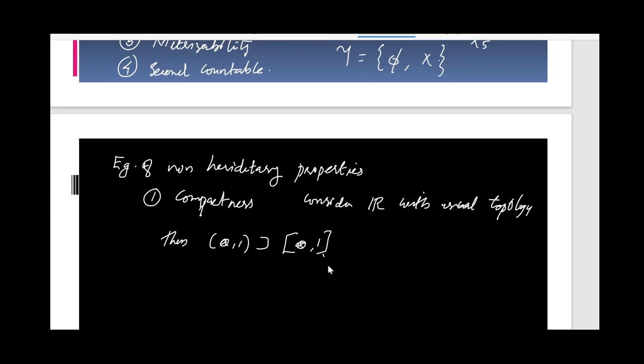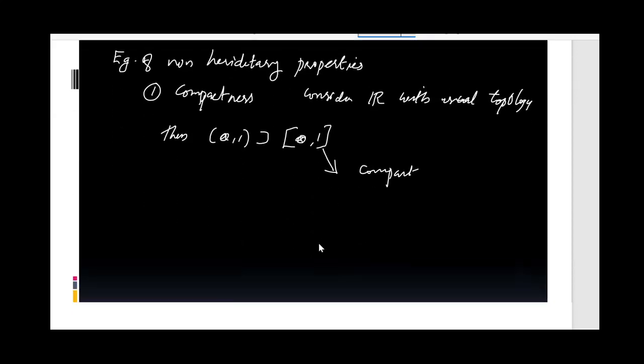Now you know that this set is compact, right? But this one is not compact, right? We have studied a theorem that a closed and bounded set in the real numbers is compact. But this is not closed, even though it is bounded, and it is not compact. So compactness is not at all a hereditary property.